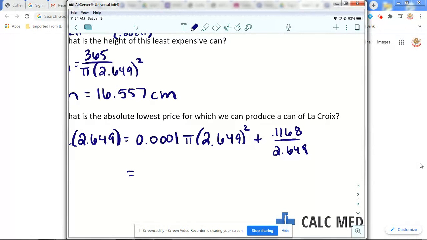All right, so that's going to give us a price of about 0.066 dollars, or a little bit more than 6 cents per can. And that should be smaller than any of the prices you guys got, but it's really close to what you would get for 2 and 3.